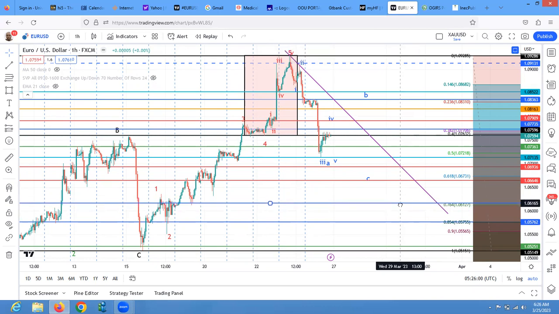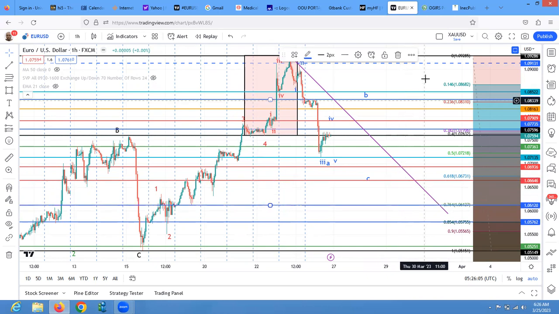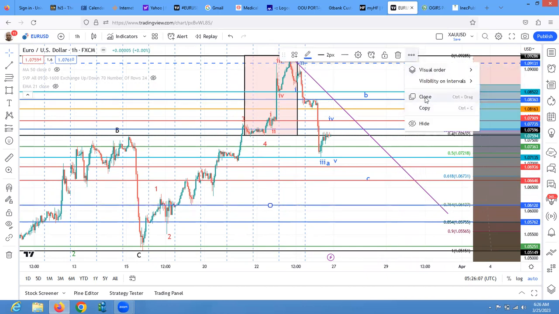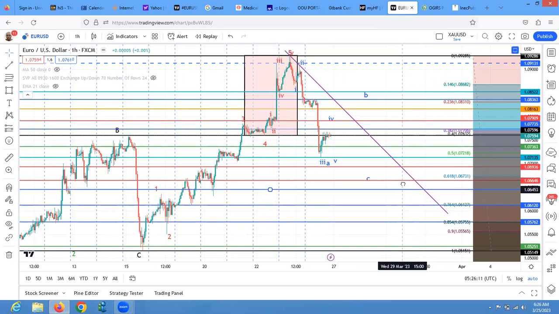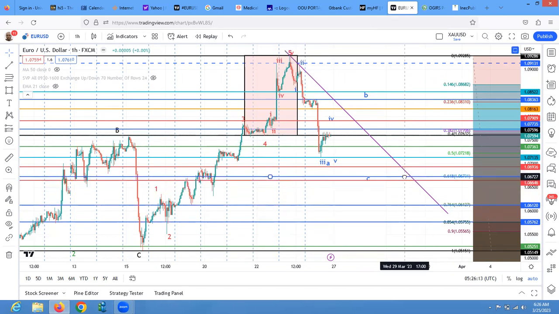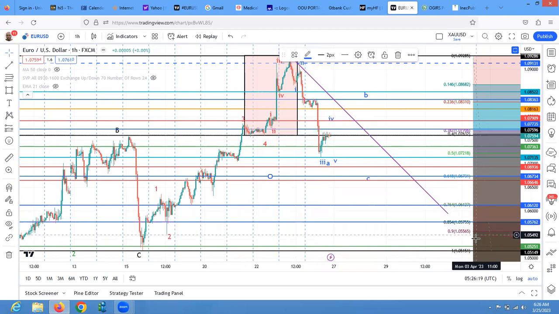This is 76. And this is 61. I think price is going to eventually take out 61. This movement is very deep.